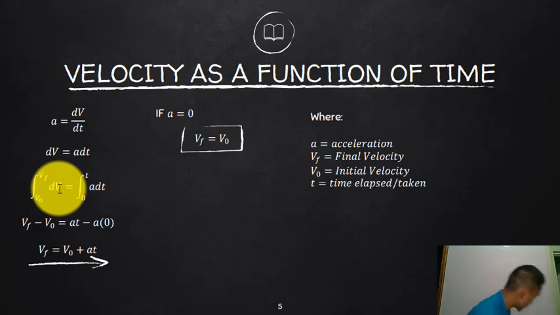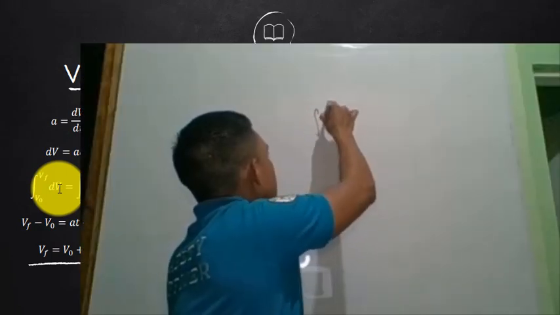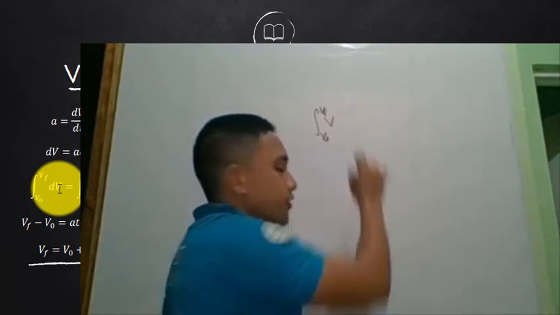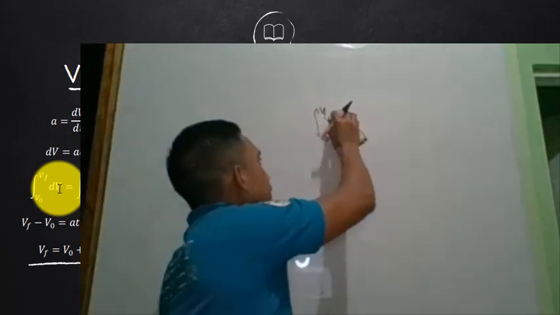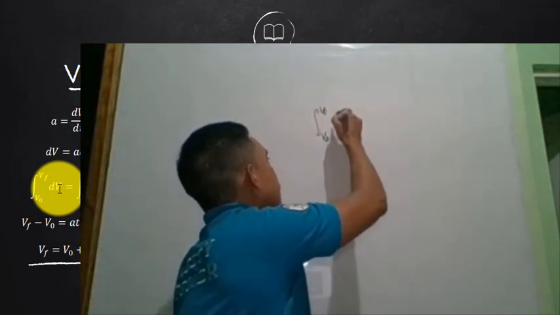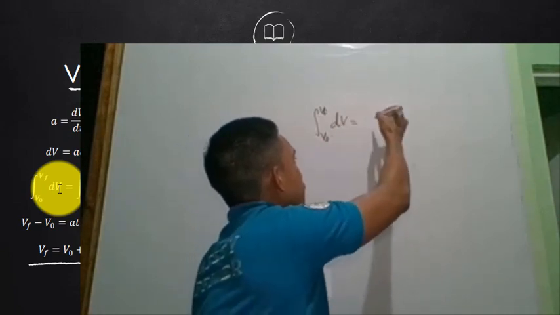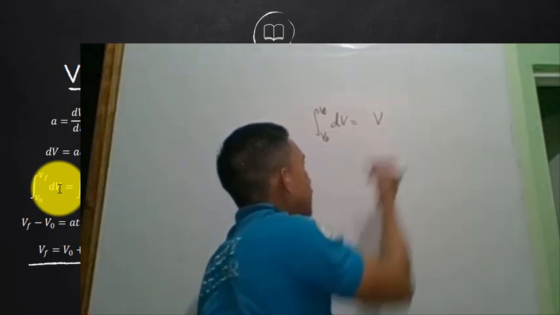But again, please, you need to know how to apply your derivatives. Integrating your dv from vo to vf, of course, you will integrate that one. That will be v.